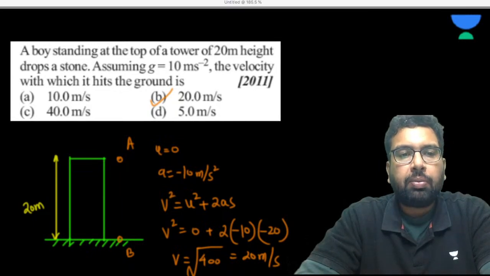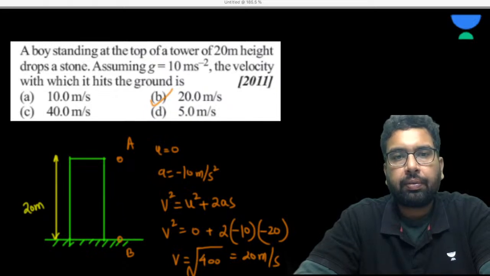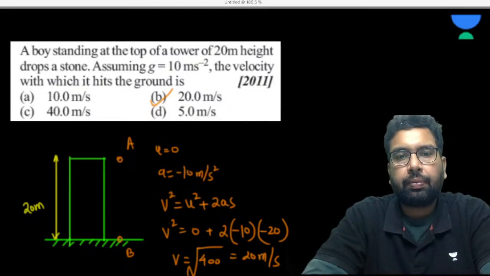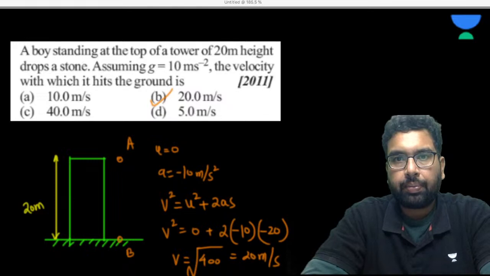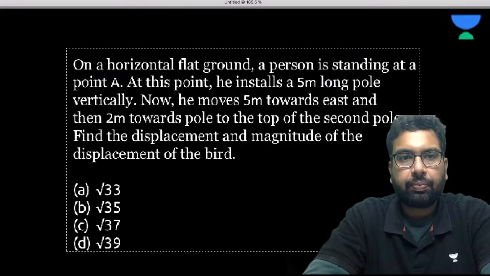In the upcoming session, we will be dealing with projectile motion, because lastly we have done motion under gravity.